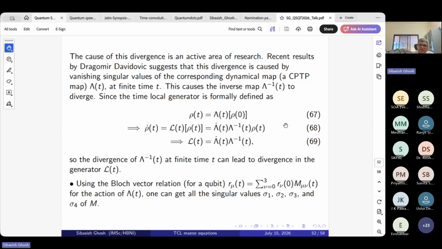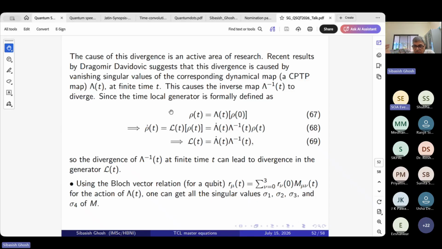Recently there is some work by Dragomir Davidovic, who suggests that this divergence, for this particular spectral density and 0 temperature bath, is caused by vanishing singular values of the corresponding dynamical map. The dynamical map is a kind of CPTP map, the actual dynamical map at finite time.